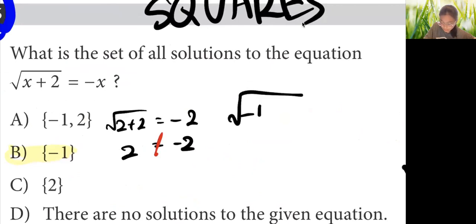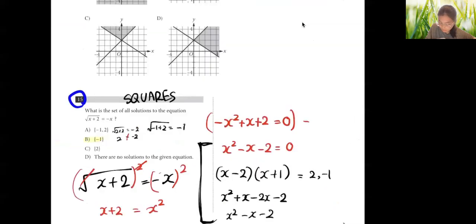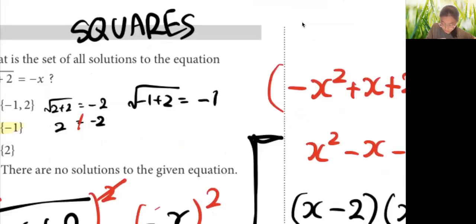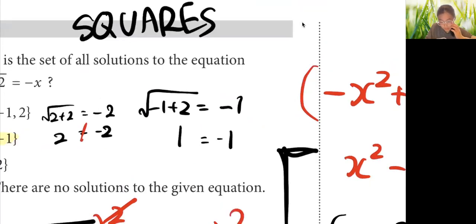So you're going to get the square root of negative 1 plus 2. Wait, hold up.